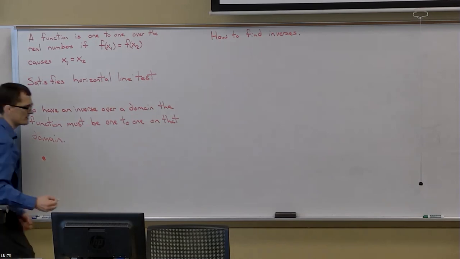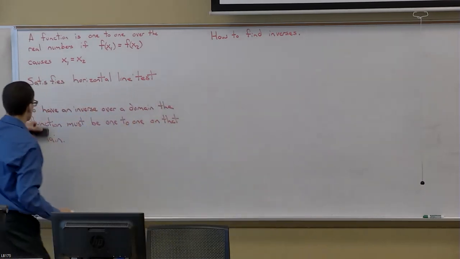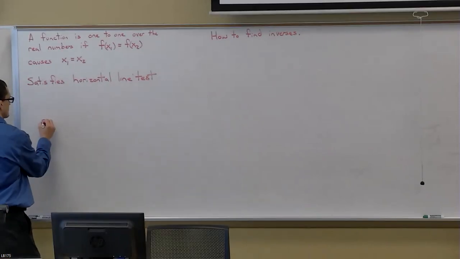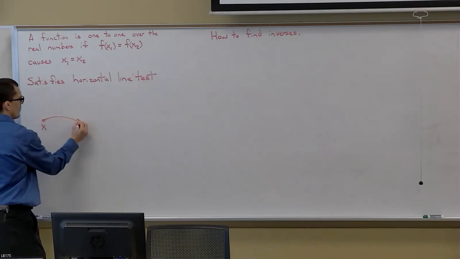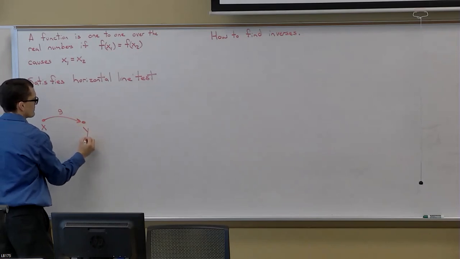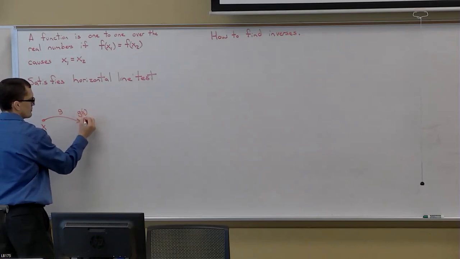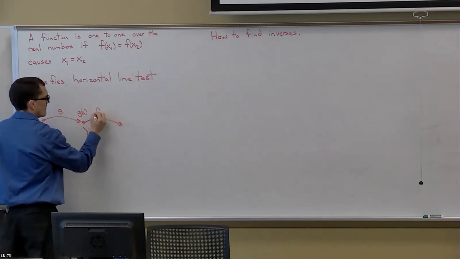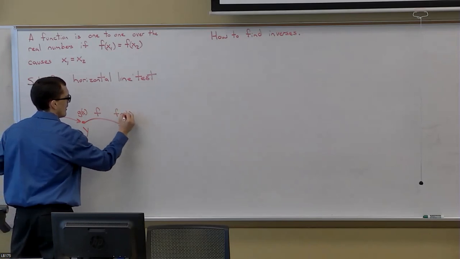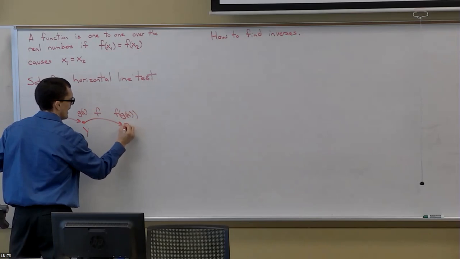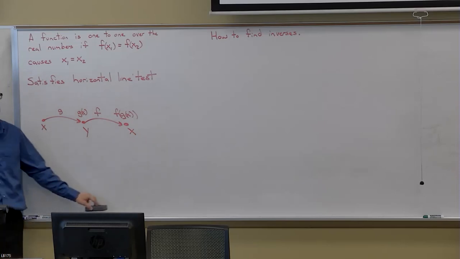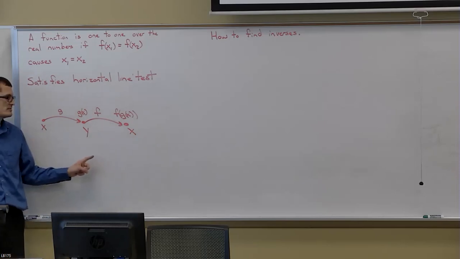We started with an X. We applied a function G. We got out something which was an output, which is a Y value. And then we applied a function F. And if these two are inverses, we get back out an X, right?